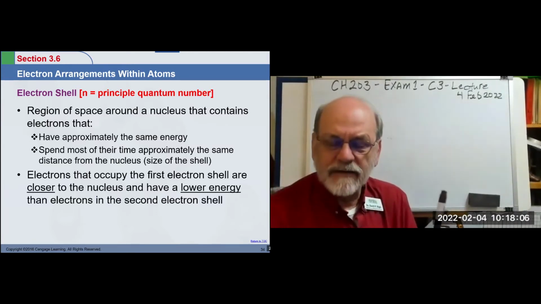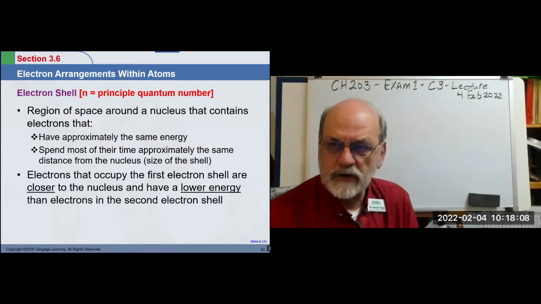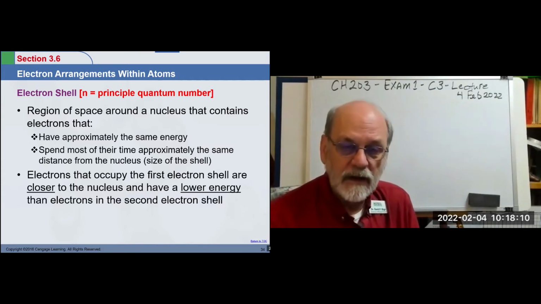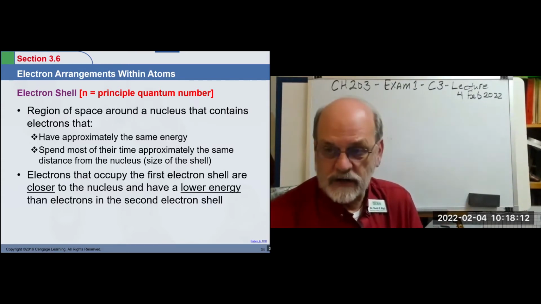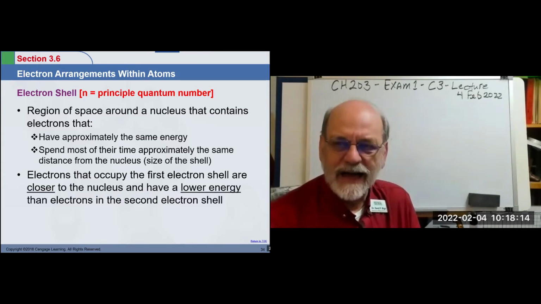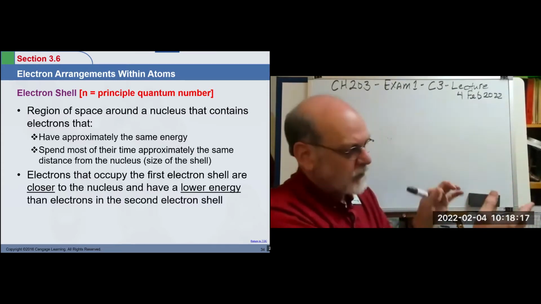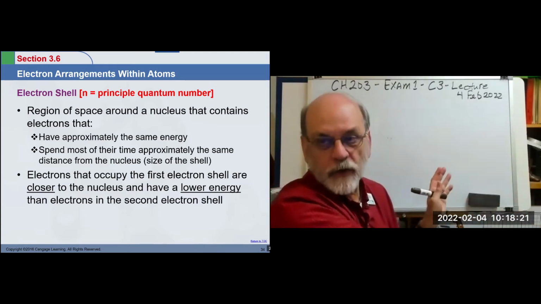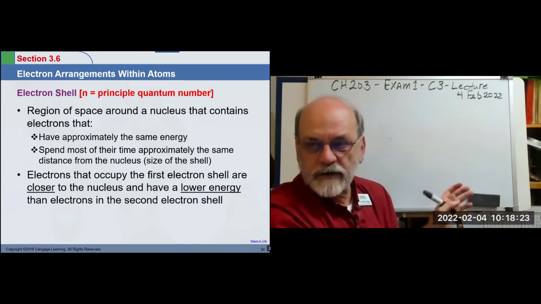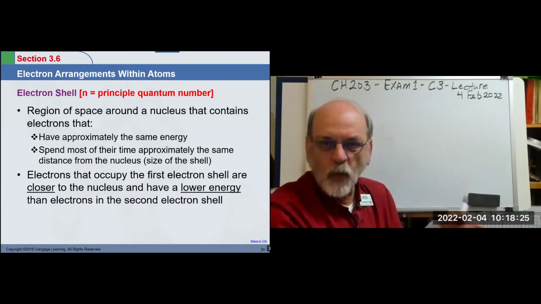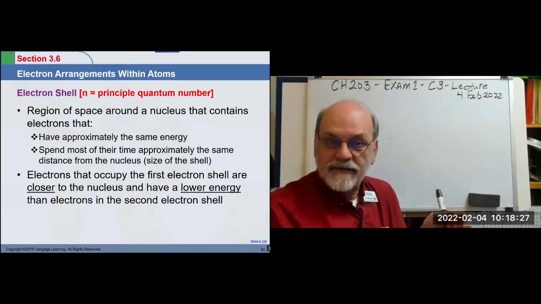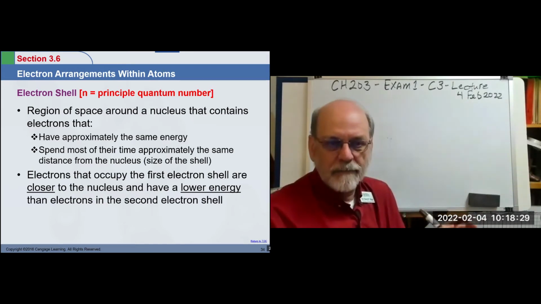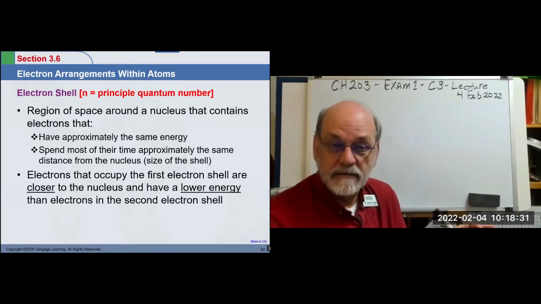Now, to understand the electronic structure of an atom, we need equations. Remember that earlier slide, on the far right of that slide, we started off with John Dalton, and we ended up with Erwin Schrödinger. Schrödinger developed a set of wave equations.